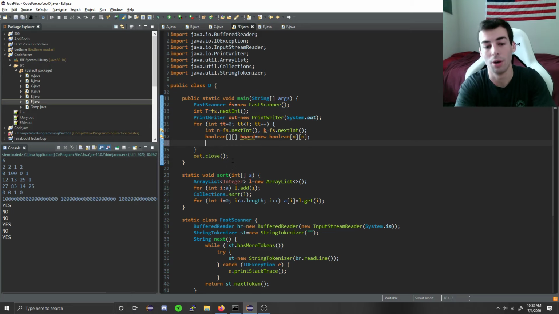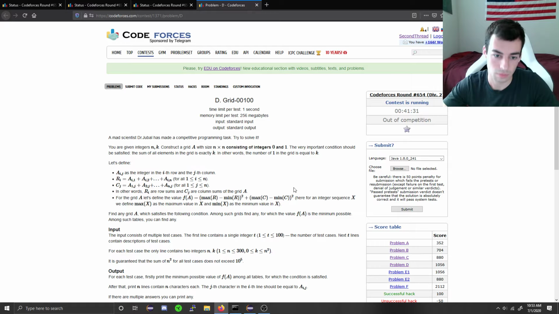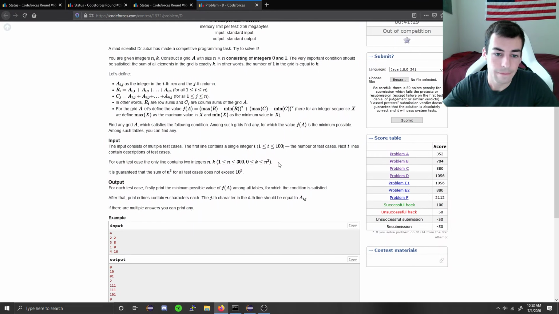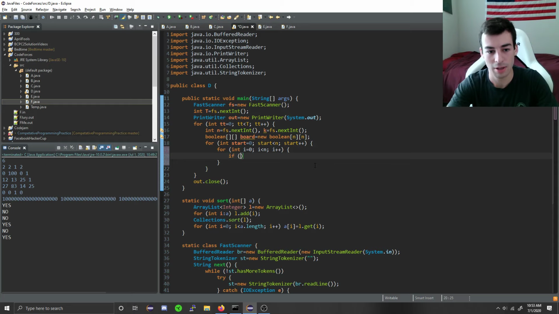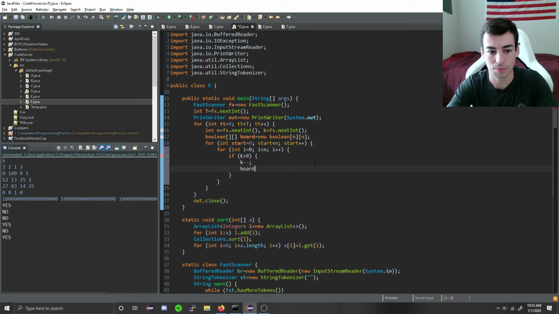Oh, so now, k is less than n squared. Okay, so for int i equals 0, while k is greater than 0, k minus minus, board at start plus i.